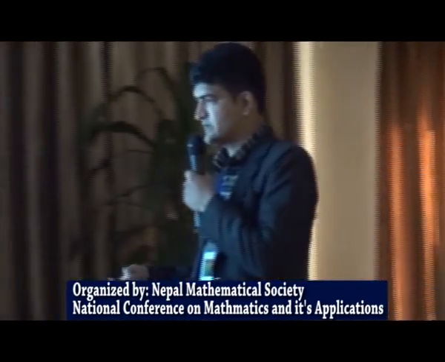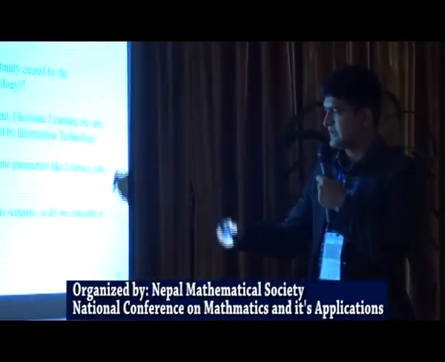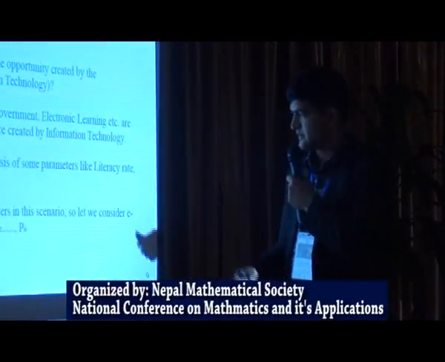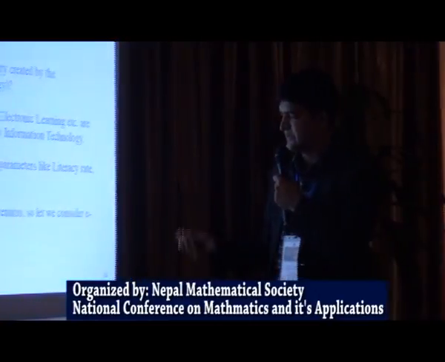But in this presentation we are not interested in the parameters, but in the number of parameters. So let us assume we require n parameters, and we have named them p1 to pn.